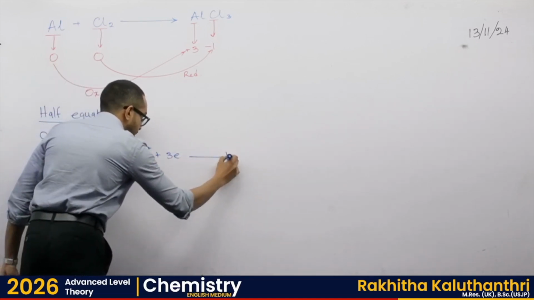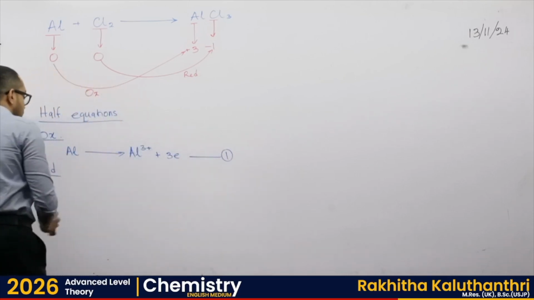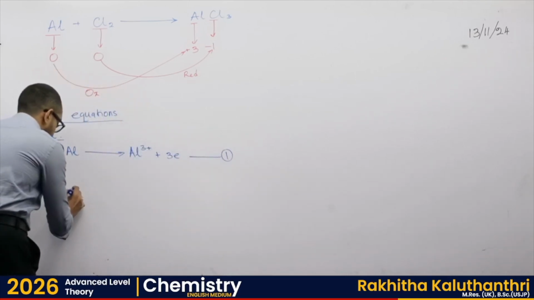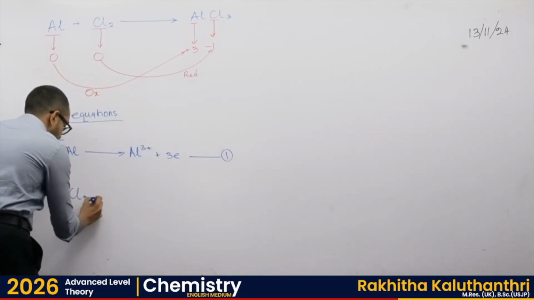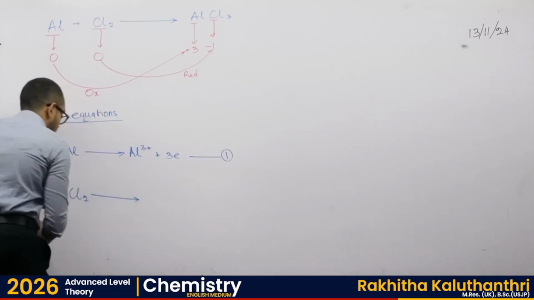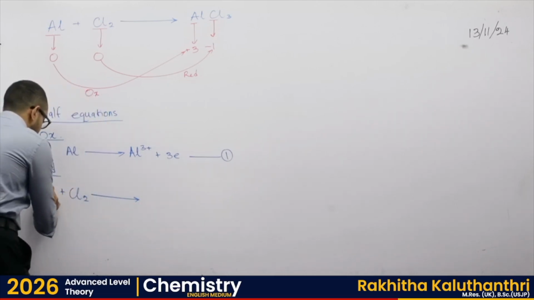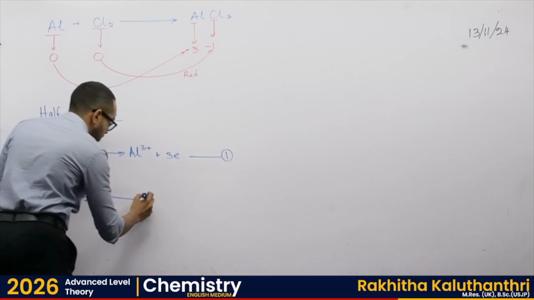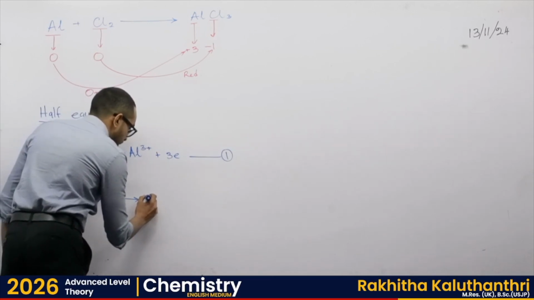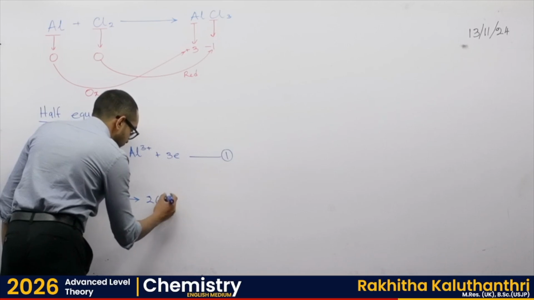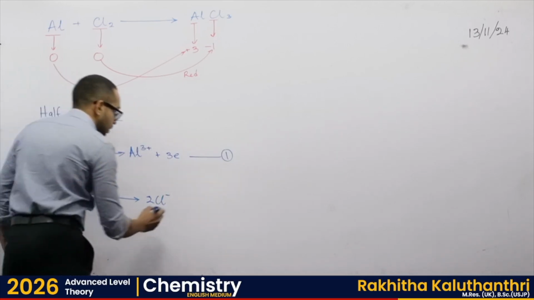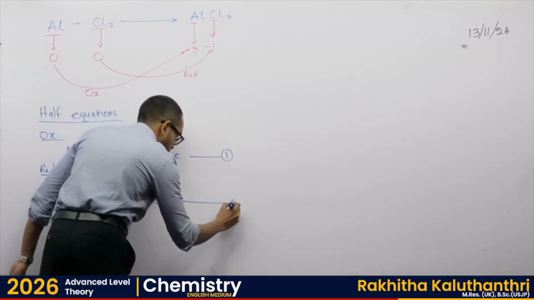I'll say this is equation number 1. Then we have the reduction, chlorine becoming Cl1 minus. We know it has to take 2 electrons. So therefore this is going to be 2 Cl1 minus. This is the reduction, so let's say equation number 2.